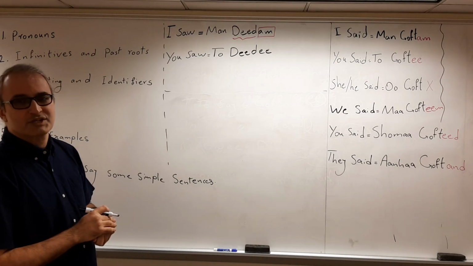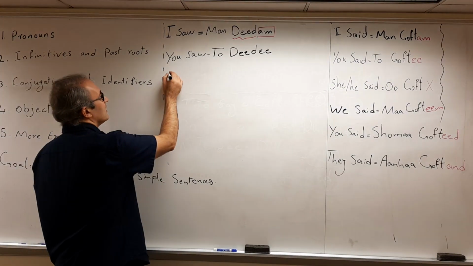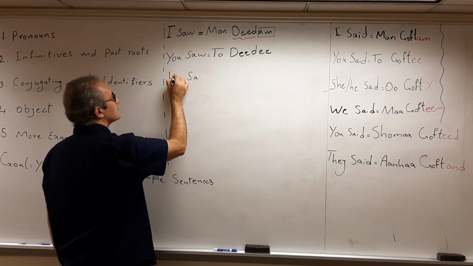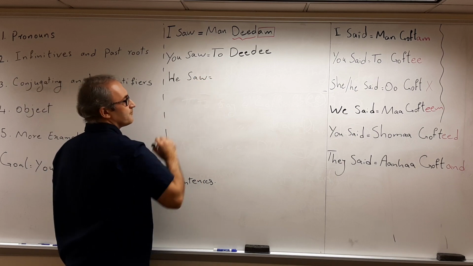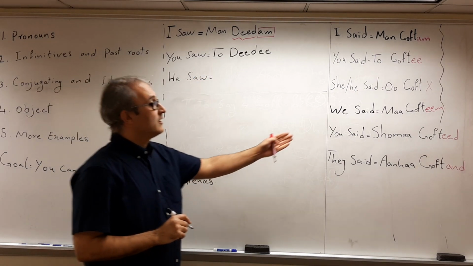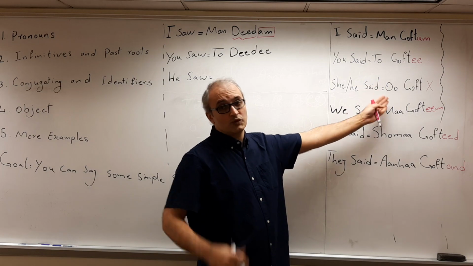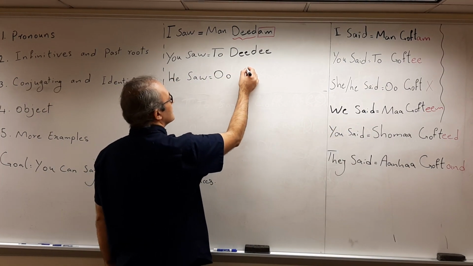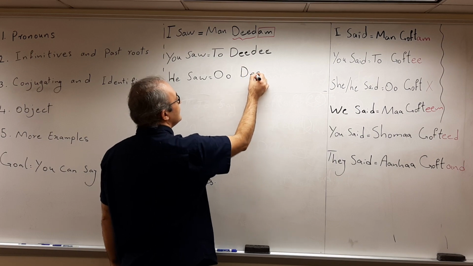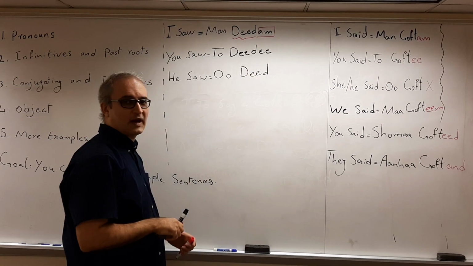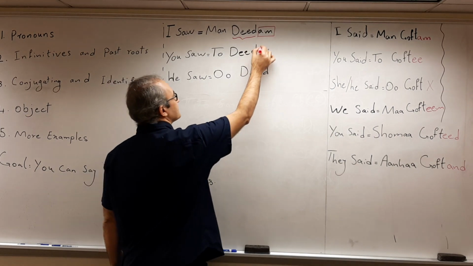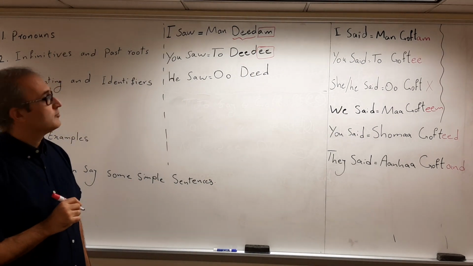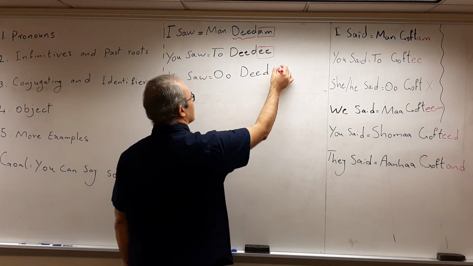How about he or she saw? We have to say oo, he or she, oo did. No identifiers here. For to, for you, we have the e, but here we don't have any identifier.